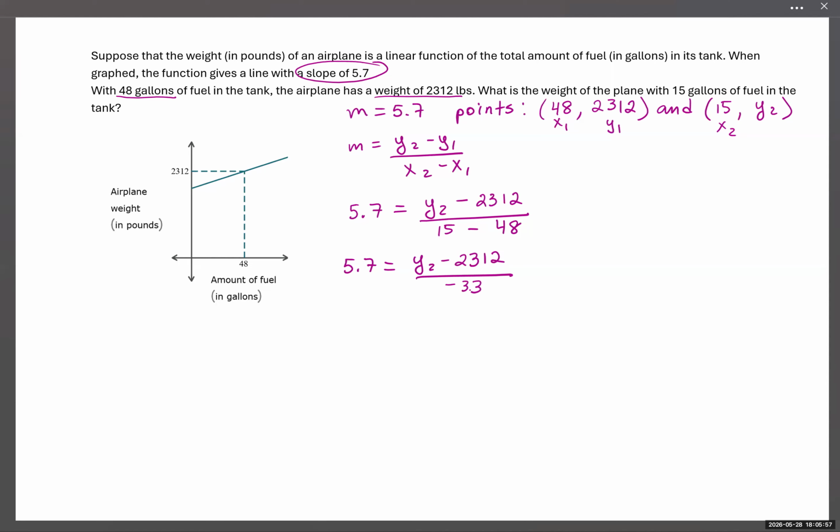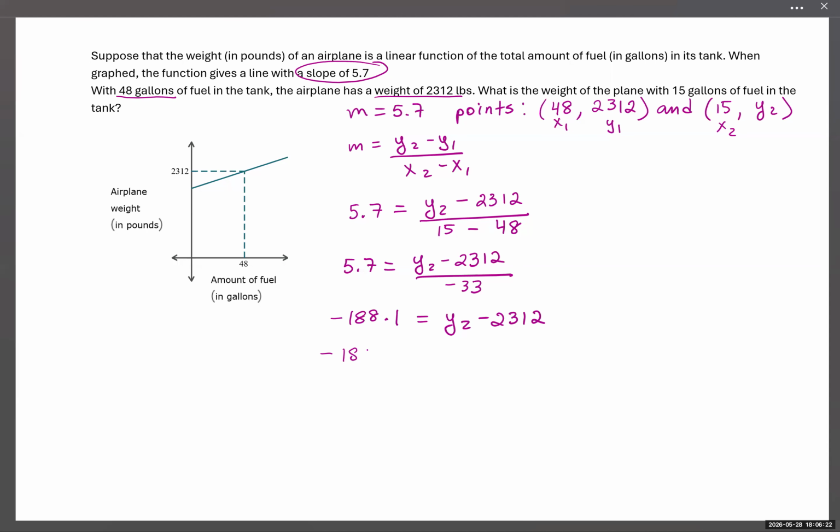And just like before, we're going to multiply both sides by negative 33 to get rid of the denominator. I'm not going to put it down this time. 5.7 times negative 33 is negative 188.1. And then y2 minus 2312. And then all you have to do is add 2,312 to both sides.